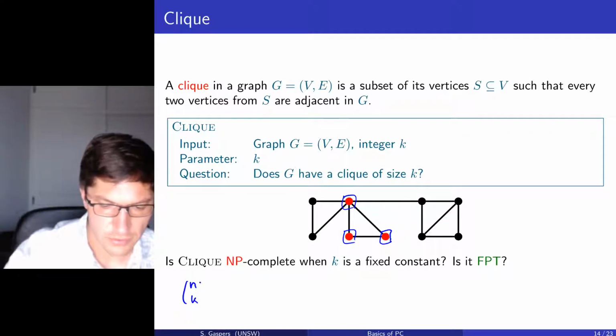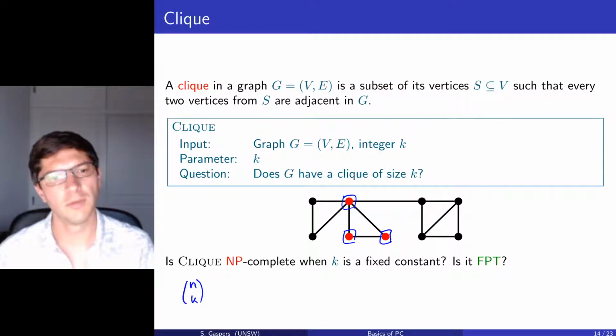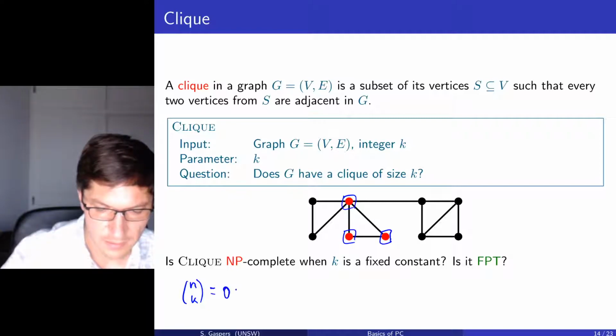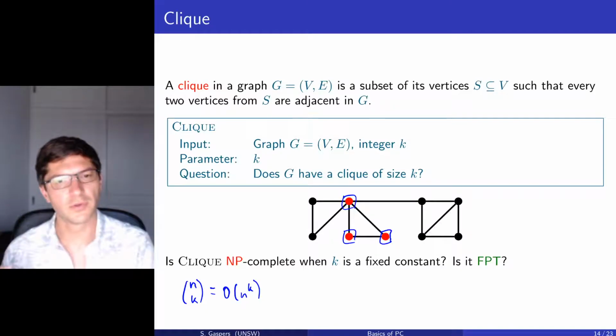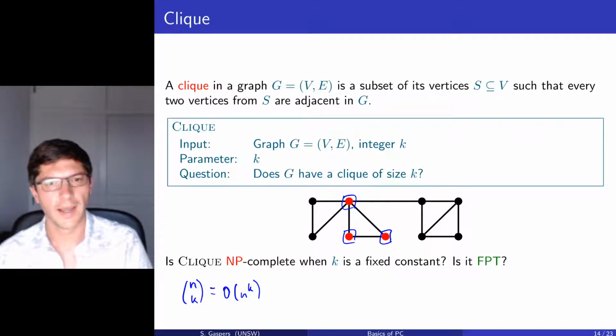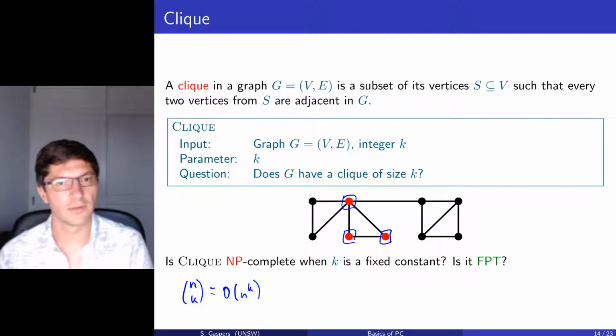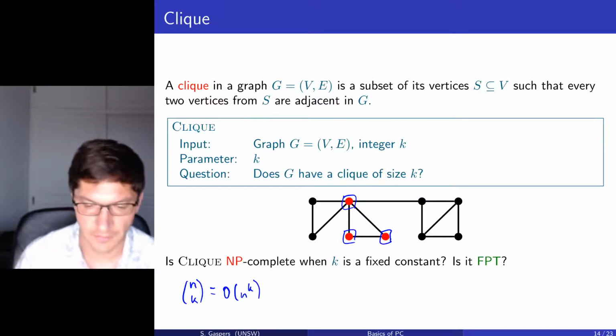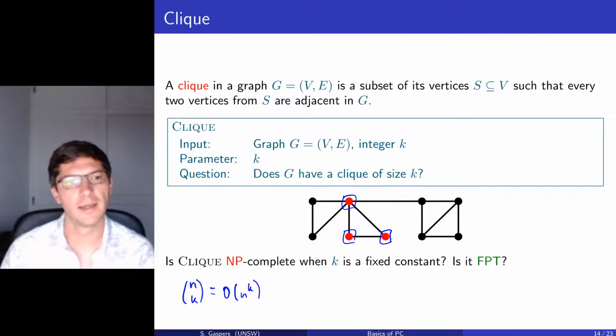You can choose any k vertices among n vertices, and n choose k is order n^k. So there are this many possibilities that we explore to choose k vertices among our n vertices. And then checking whether a vertex set is a clique is clearly polynomial-time solvable. Now if k is a fixed constant, then n^k is polynomial.